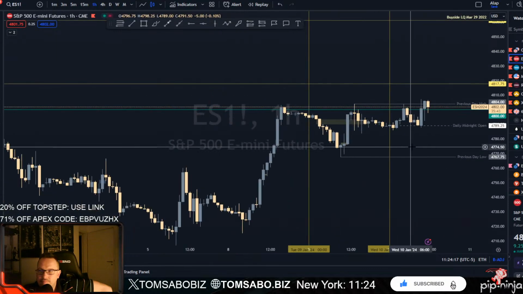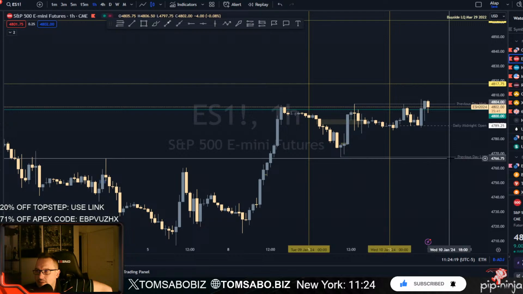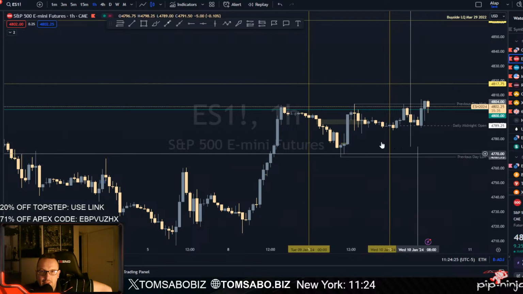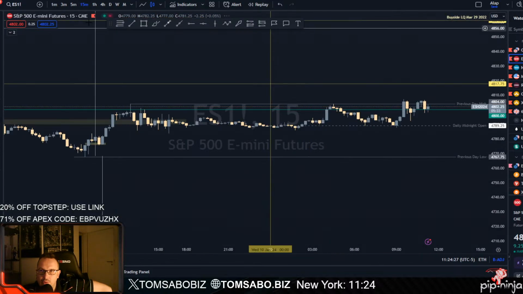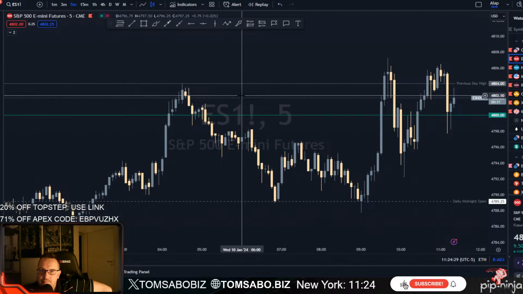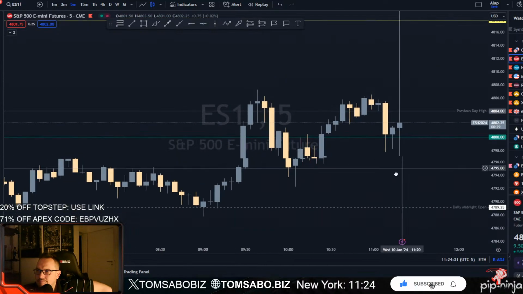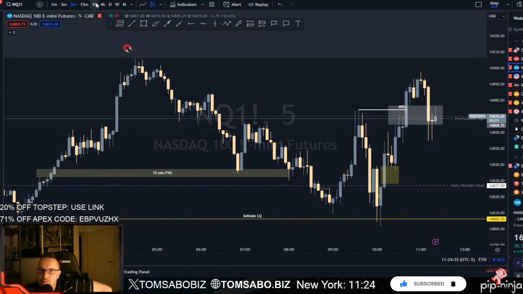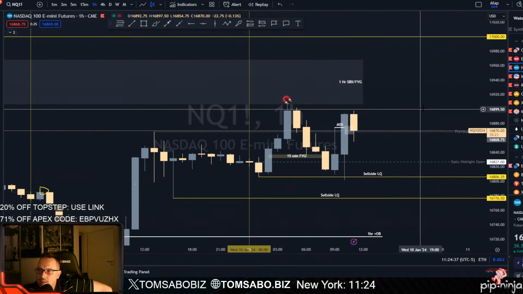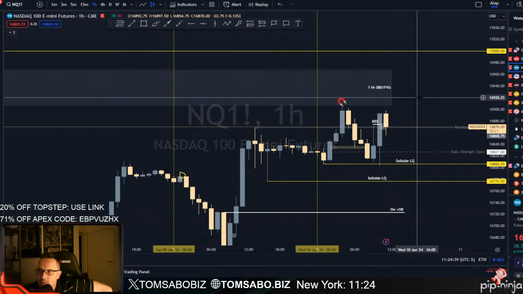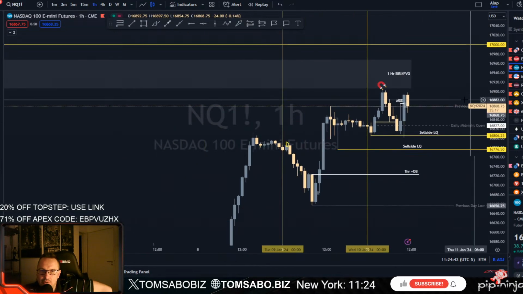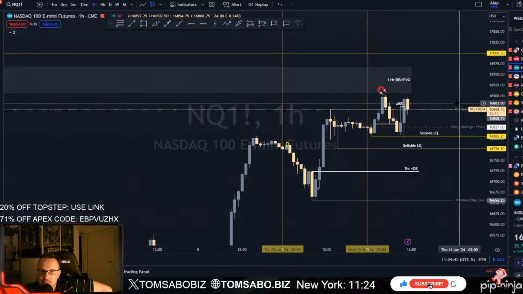But, you know, volume is a little bit dying on these levels. I don't know why. Oh, sorry. This 1 hour, yeah, the NQ. NQ looks good on the 1 hour as well. Hard to tell, to be honest.